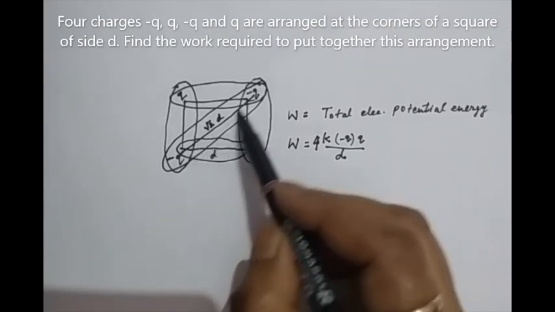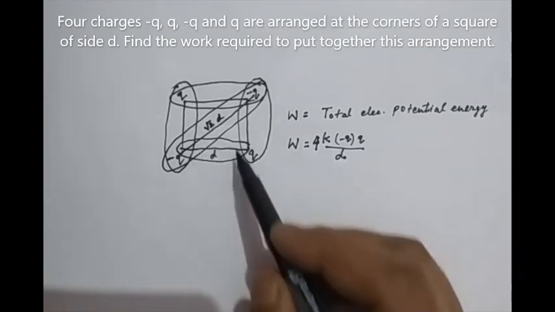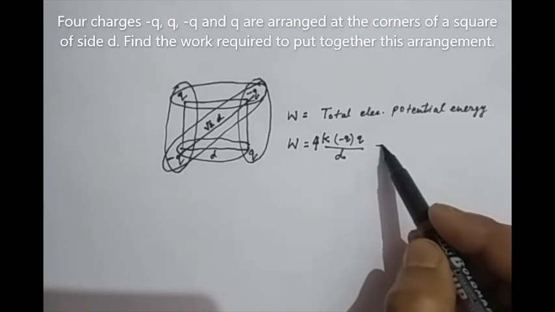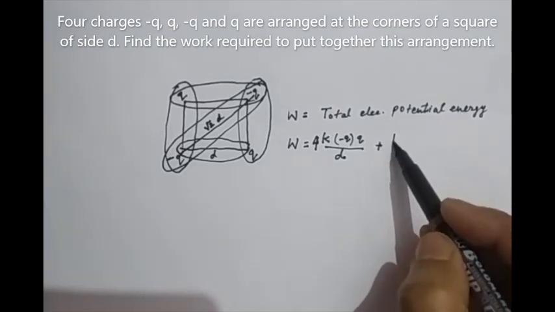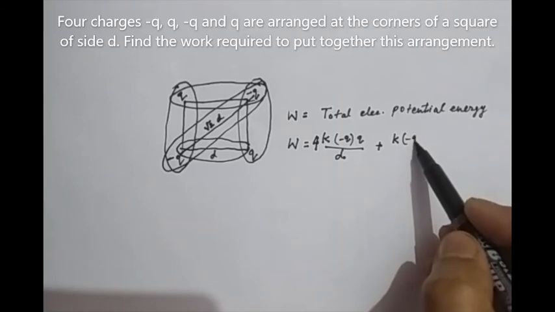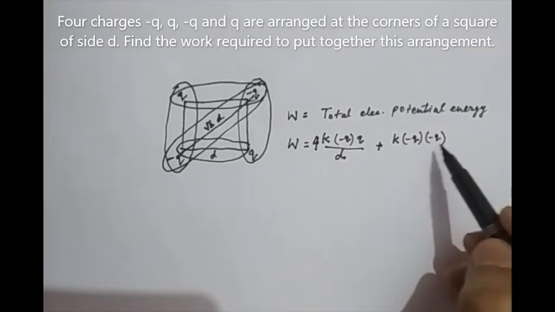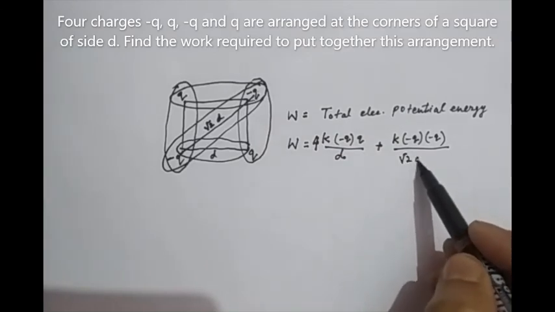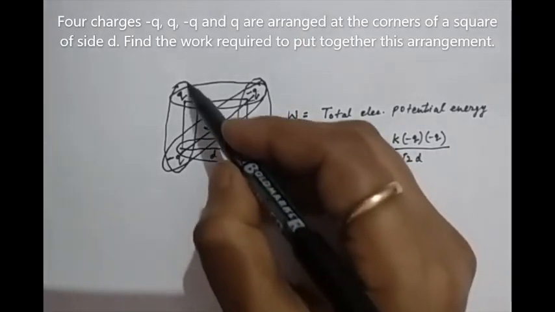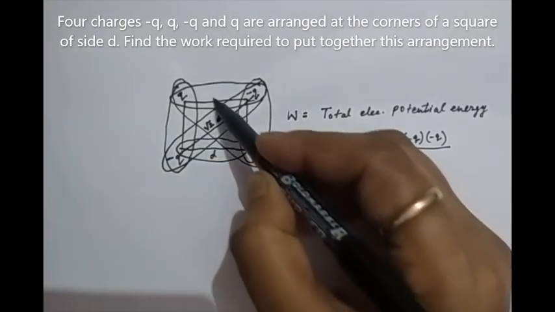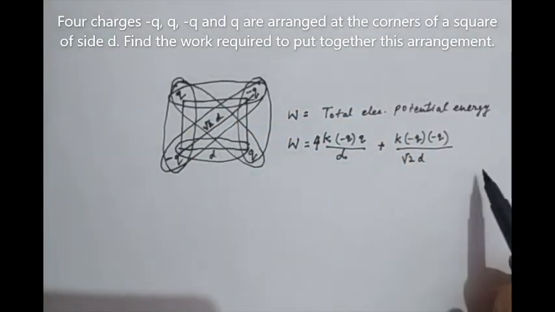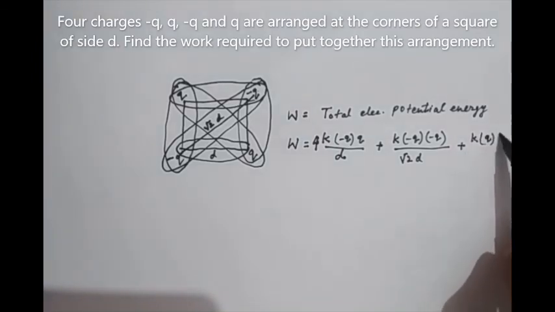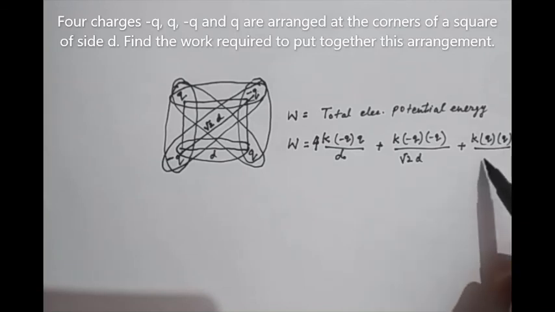So this distance is root 2 d, and for this pair of charges, electric potential energy is equal to K minus q by distance between charges root 2 d. And for this pair of charges, the distance is same, root 2 d. So it is equal to K plus q into q by root 2 d.